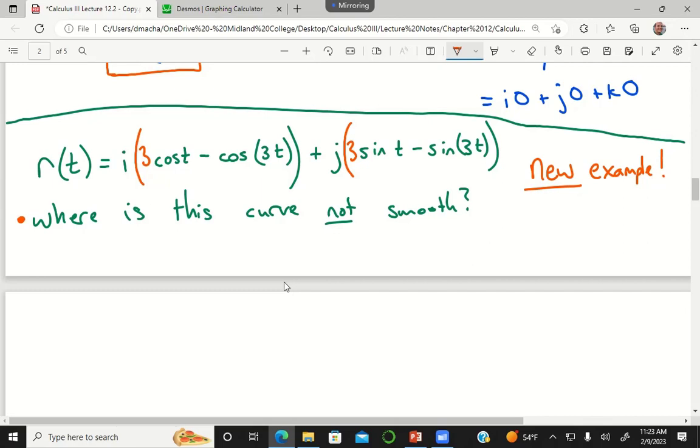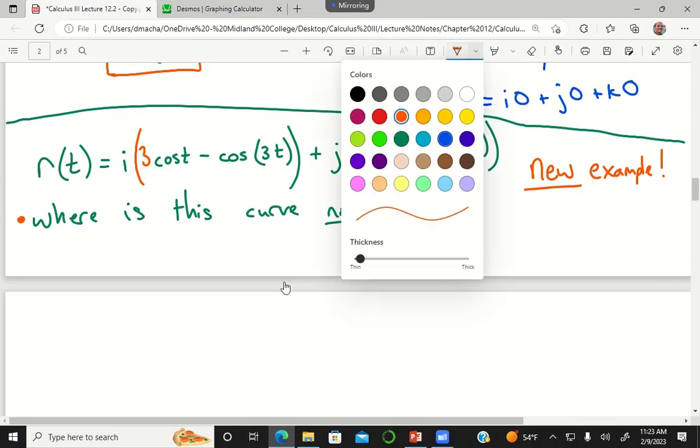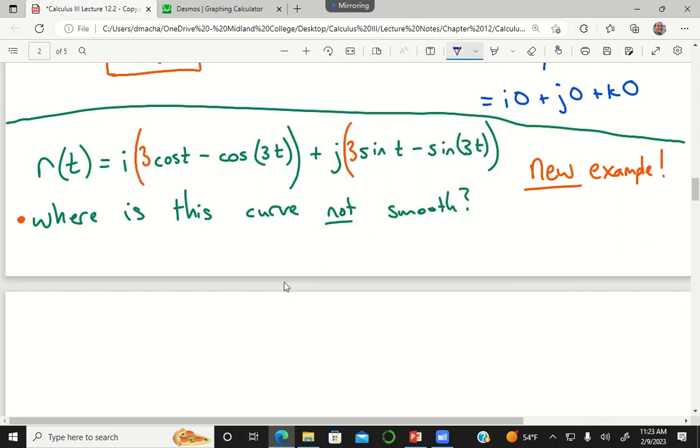So, just like before, the first step is we have to find the derivative. So, I take r prime of t as equal to i, and this time my i component is going to be minus 3 sine t plus 3 sine 3t.